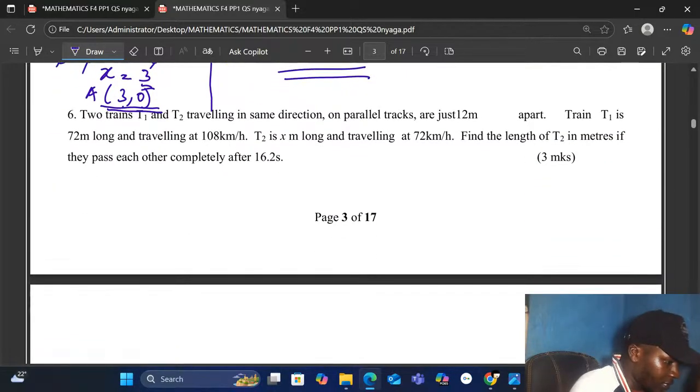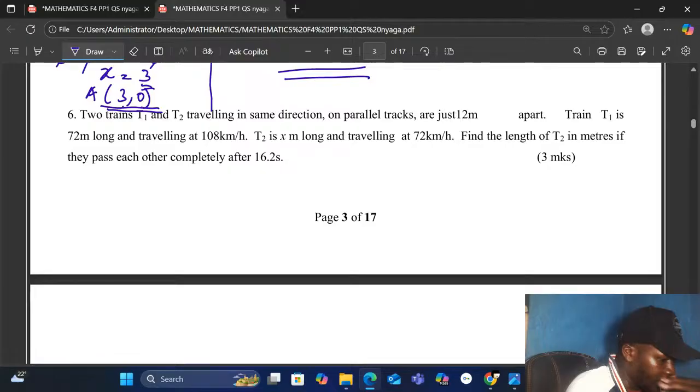Question number 6. Two trains, that is train T1 and T2, traveling the same direction on parallel tracks are just 12 meters apart. Train T1 is 72 meters long and traveling at 108 kilometers per hour.